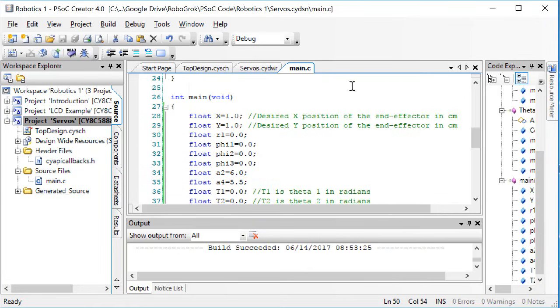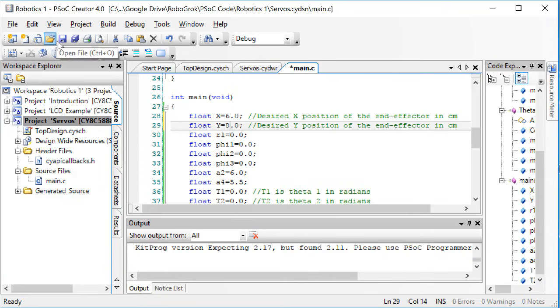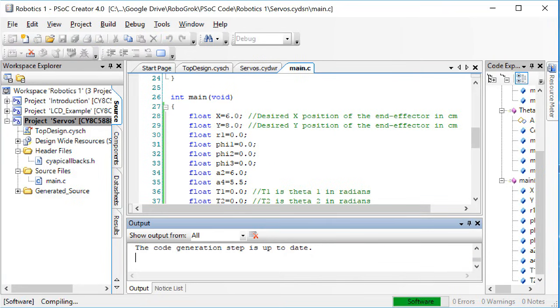Back in the code, let's enter 6, 8 for XY. Then plug in the USB cable. And program the PSoC.